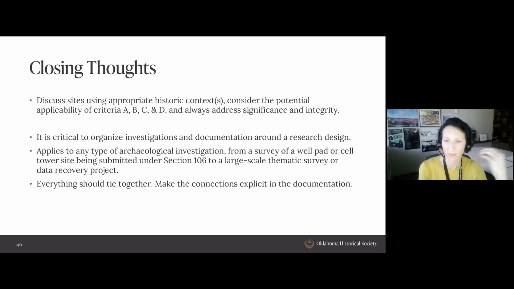Explain why the information about this county's environmental background is relevant to the work that you're doing here in this particular case. Same with your historical context. The same with your methods. Why are these methods appropriate for this project? How are they part of your design? What is your goal?